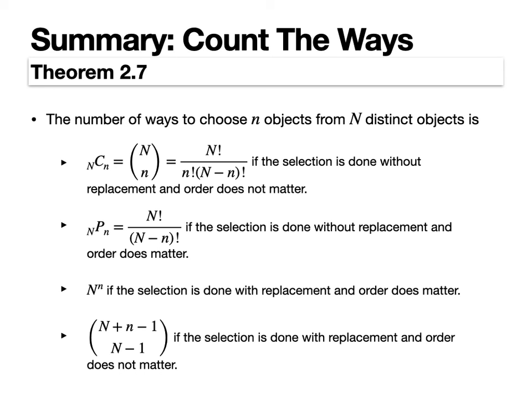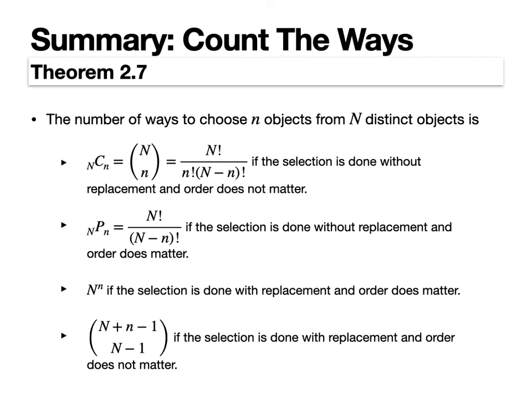That corresponds to simple random sampling. Big N P little n, the number of permutations of big N things taken n at a time, if the selection is done without replacement and order does matter. Capital N raised to the little n power if the selection is done with replacement and order does matter.